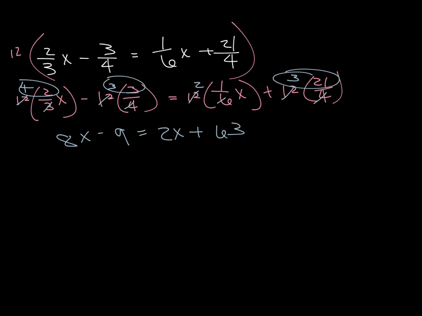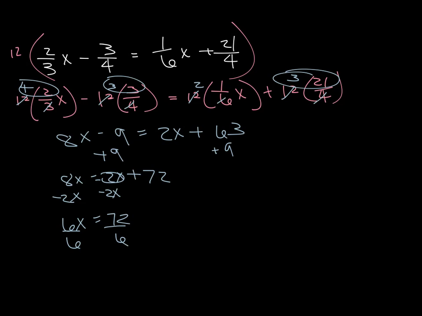Then we go ahead and manipulate plus 9, so 8x equals 2x plus 72. Bring this one over, minus 2x gives me 6x equals 72. Divide by 6, x equals 12.